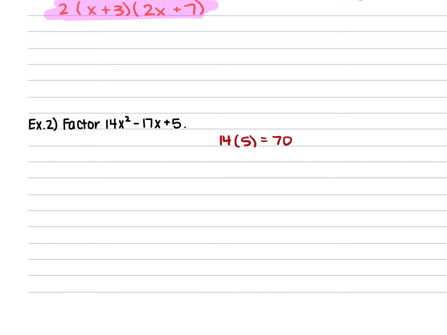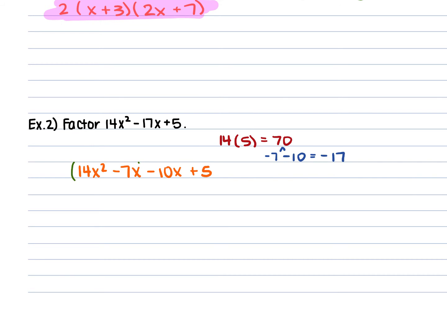We want the factors of positive 70 that add up to be negative 17. Well, we know that negative 7 times negative 10 gives us a positive 70, and when we combine them, it gives us a negative 17, which is what we're looking for. So we are going to rewrite this as 14x squared minus 7x minus 10x plus 5.